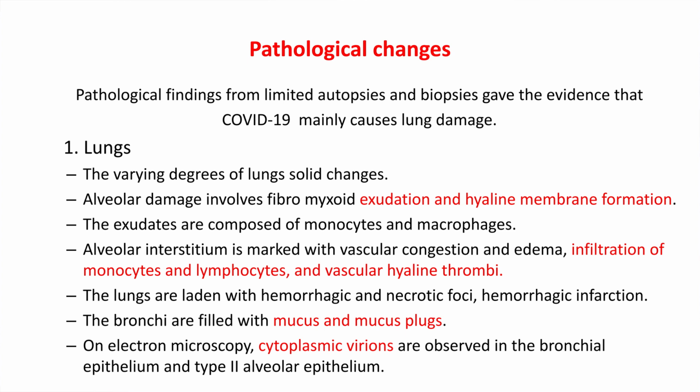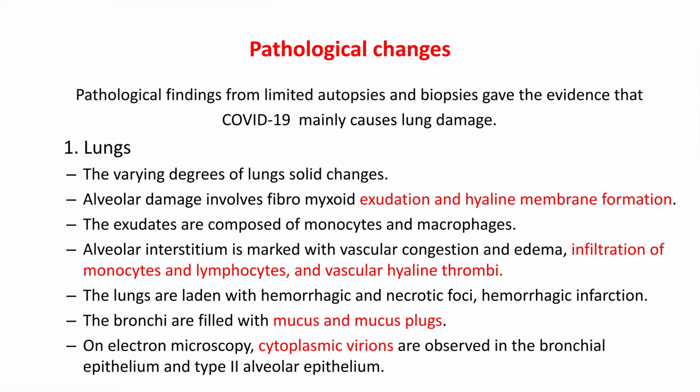There are new findings from the pathology. This finding is from the limited autopsy and the biopsies. The disease mainly damages the lung. You can find the worrying and the decreased lung solid change. Average damage involved the febrile myxoid exudation and hyaline membrane formation, and the exudates are composed of the monocyte and the macrophages.